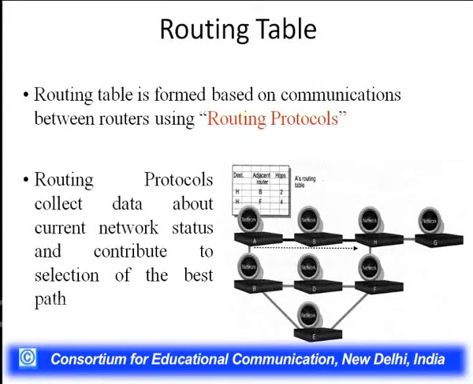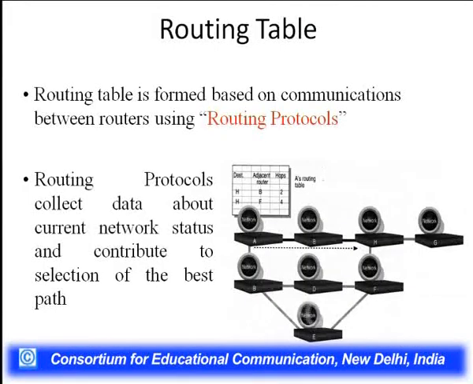Routing protocols collect data about current network status and contribute to the selection of the best path. The routers communicate with each other and keep the shortest path in a table known as the routing table.